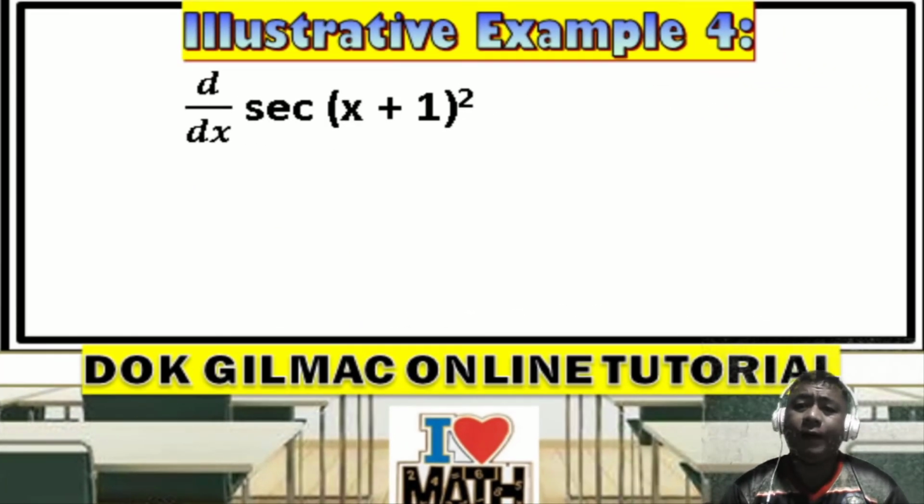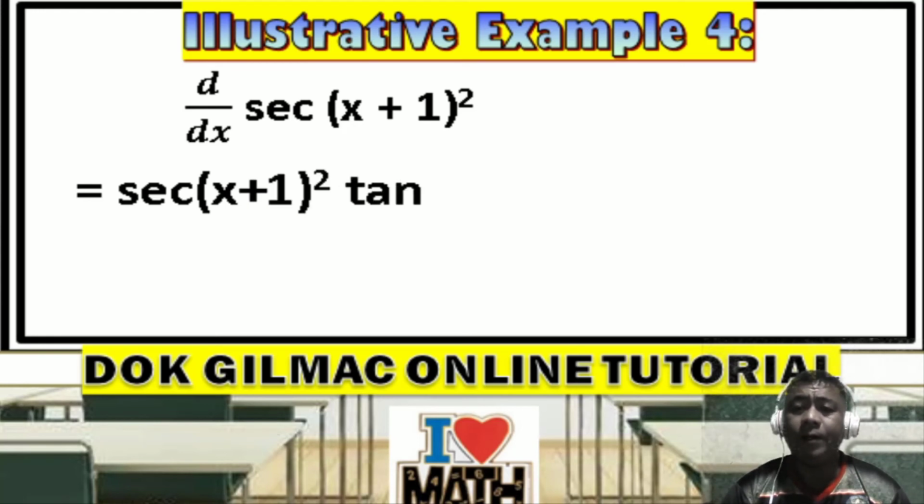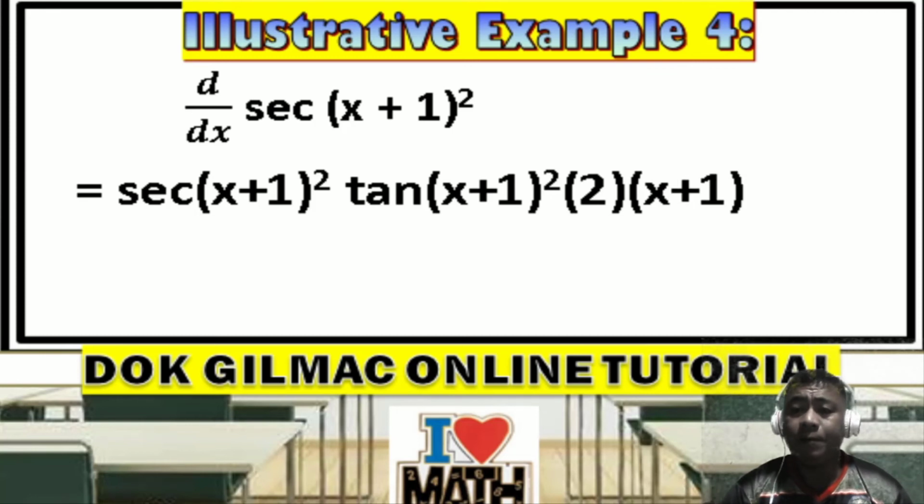Consider illustrative example number 4. d over dx of secant of the quantity x plus 1 squared. This time, the given angle for the secant function is x plus 1 quantity squared. So applying the derivative of secant function, this is just equal to secant of x plus 1 squared tangent of x plus 1 quantity squared times 2 of x plus 1.